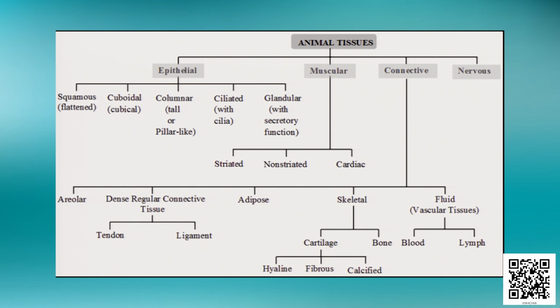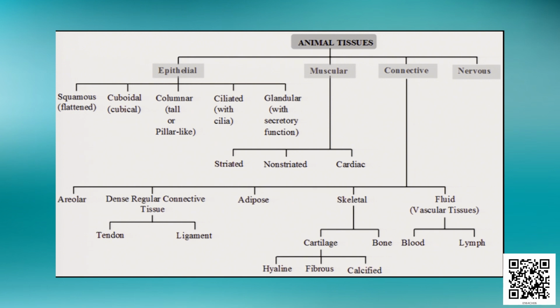One is striated, one is non-striated, or you can say smooth muscle, and the third one is cardiac muscle. Connective tissue is again divided into many types: areolar, tendon, ligament, adipose, bone, cartilage, blood, along with that lymph also. We will discuss lymph in the higher classes.